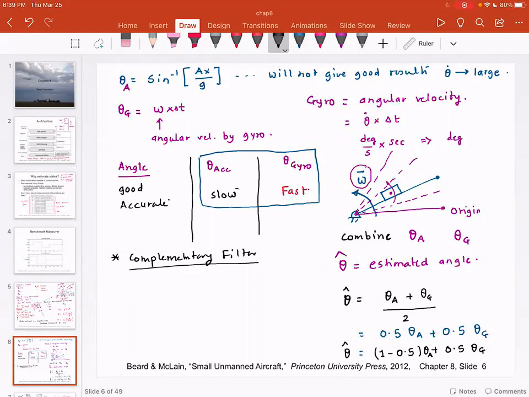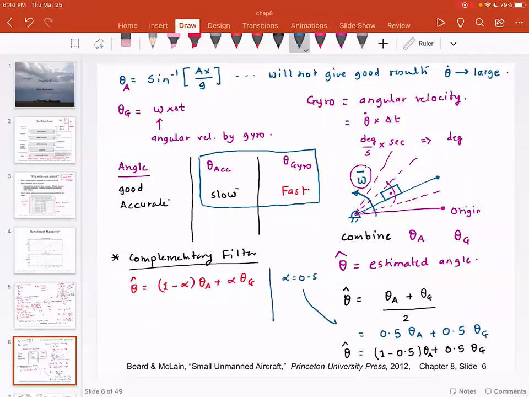Here is what I'm going to call this, and I will rewrite this expression: theta estimated is equal to 1 minus alpha theta A plus alpha theta G. And in this particular case, let's assume alpha to be 0.5.